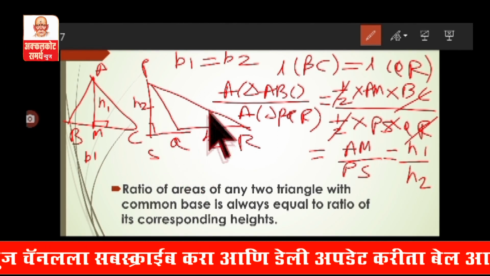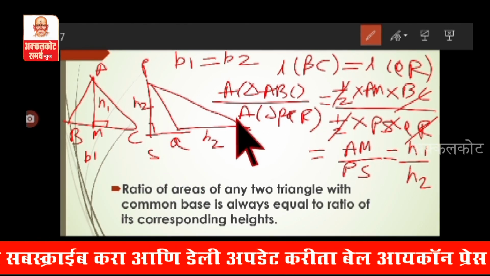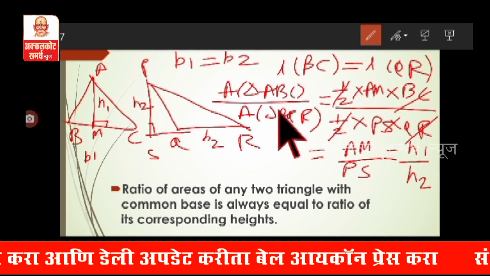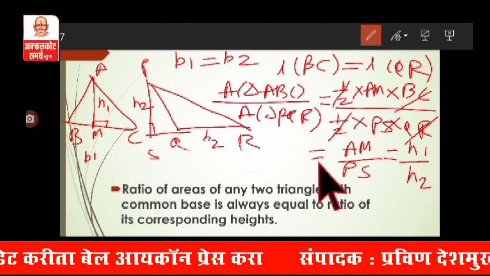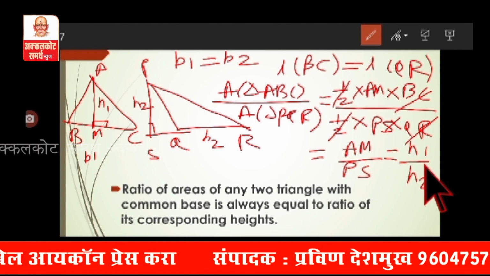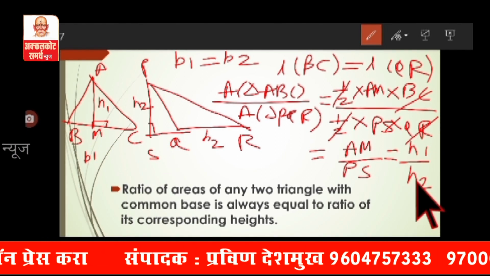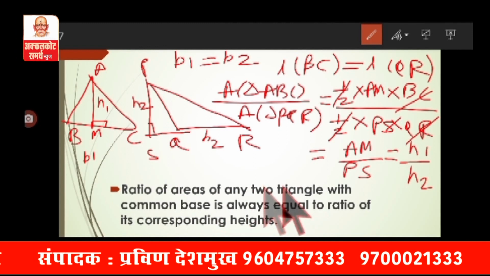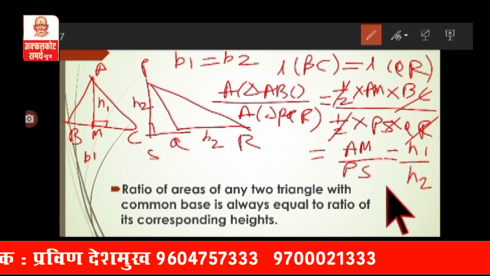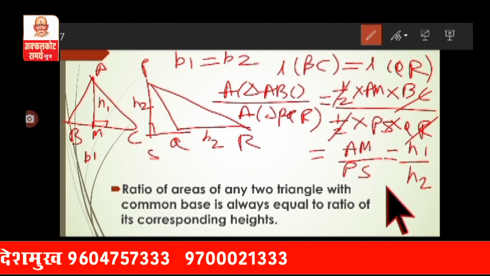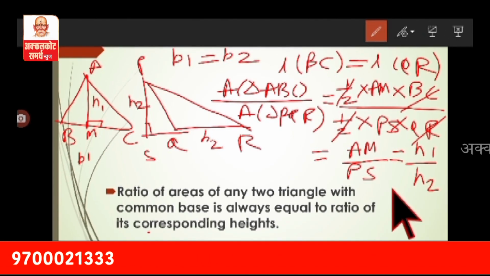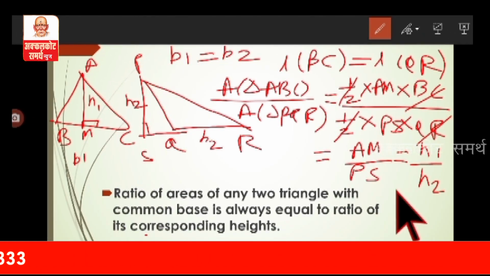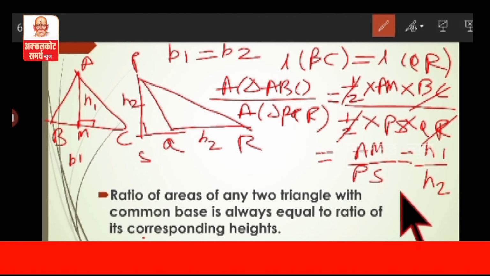This means the ratio of areas of any two triangles with a common base is always equal to the ratio of their corresponding heights. So this statement is also written here: ratios of areas of any two triangles with a common base is always equal to the ratio of their corresponding heights.